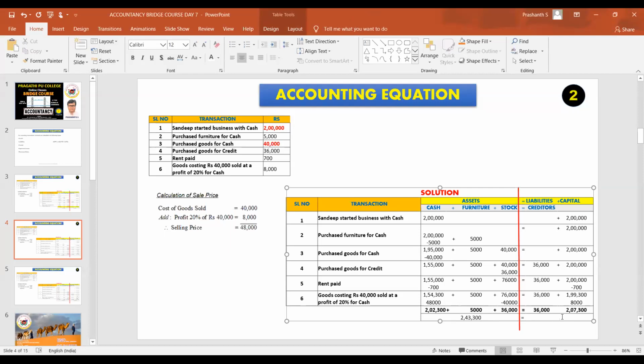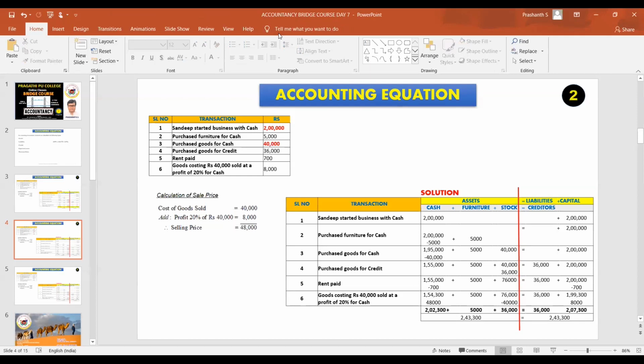Here also, 2,07,000 plus 36,000. 36 plus 7 is 43, plus 1,000, plus 300. So it becomes 2,43,300. Clear? Yes, sir. So the left hand side equals the right hand side. That means our solution is correct.